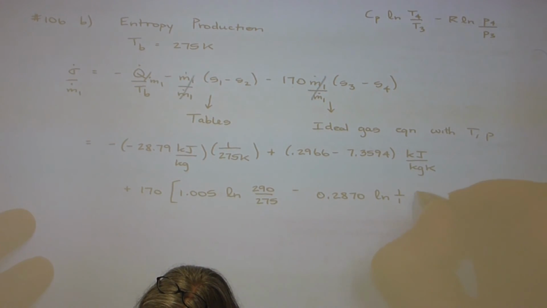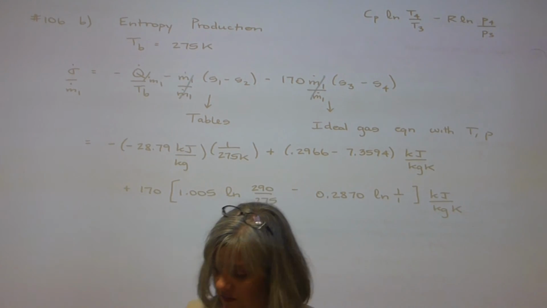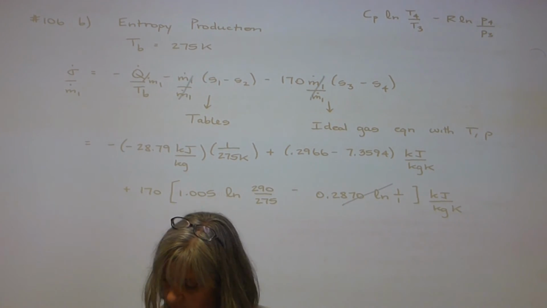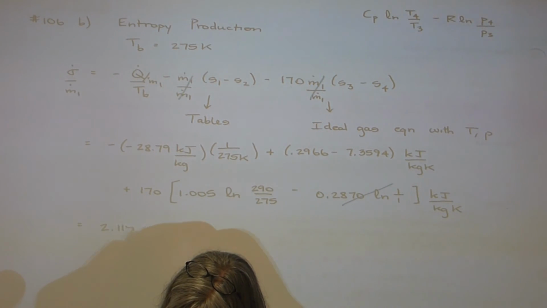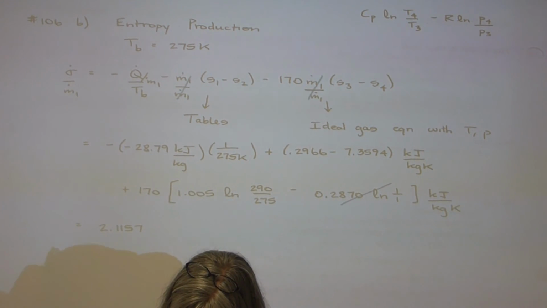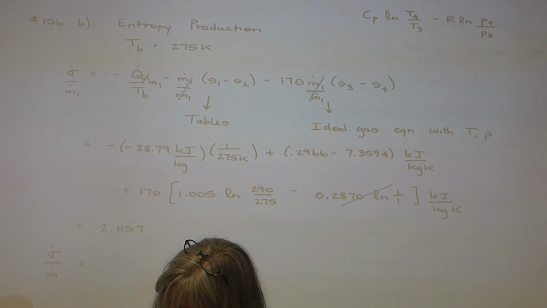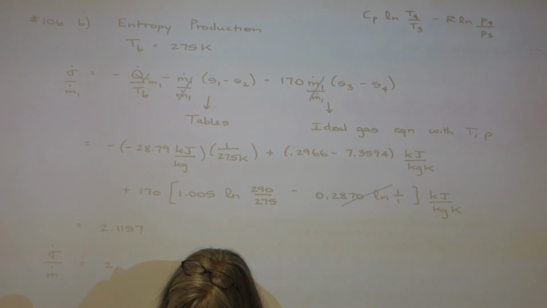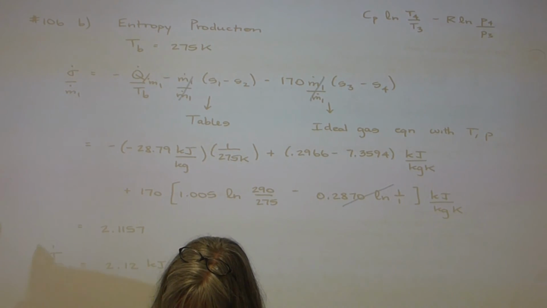Ln 1 over 1 kilojoule per kilogram Kelvin. Ln of 1 is 0, so that term drops out. And so altogether we get 2.1157, or entropy production of 2.12 kilojoule per kilogram Kelvin.